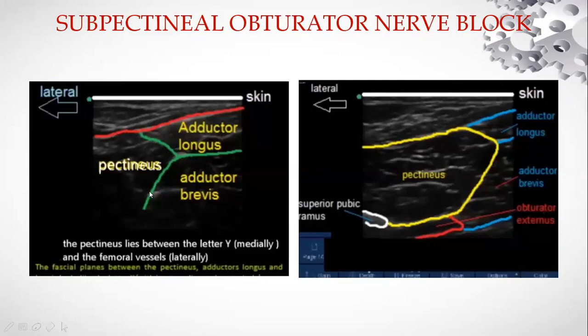Here we see a Y-shaped structure with its stem towards the adductor longus side. When you go more medial from the femoral artery and take the probe a little bit further, you find the pectineus muscle, and above it you find the adductor longus and the adductor brevis muscle. Here, you're blocking the anterior division of the obturator, but our target is the subpectineal, so we'll see how we go further.